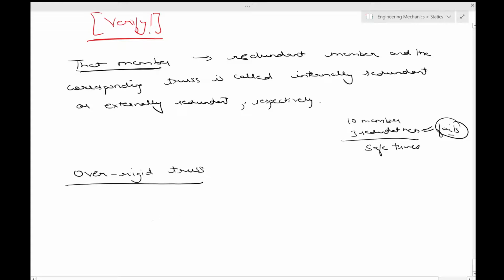So we have 1, 2, so this is there, and we have this member which I'm showing like this just so that it does not really intersect with this one.